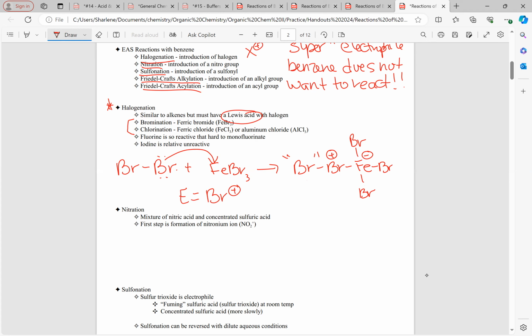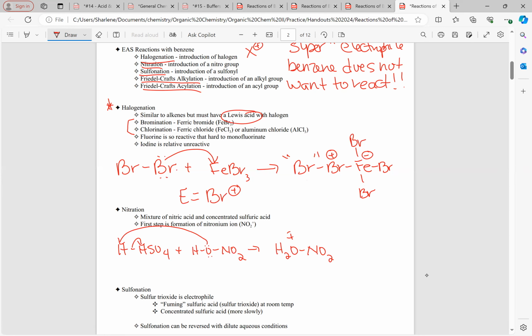All right, for nitration, what we have is an HSO4. So there's my sulfuric acid, and I have my nitric acid. Now I drew them out just a little bit funny so we could see what's happening. But this lone pair is going to rip off a hydrogen from sulfuric, and it is going to create H2ONO2.